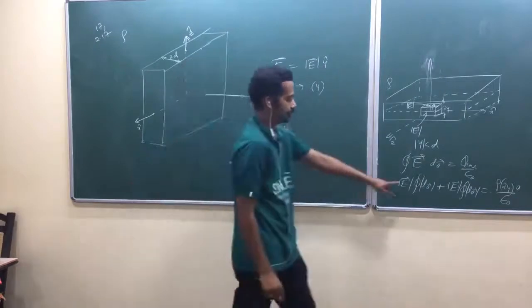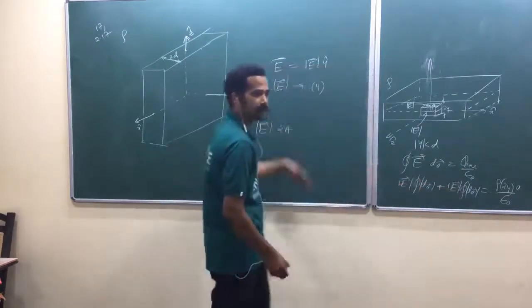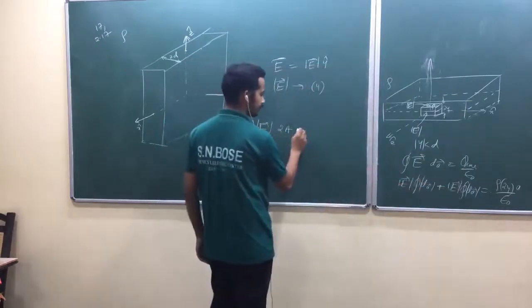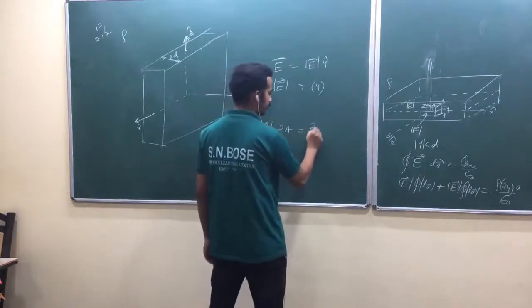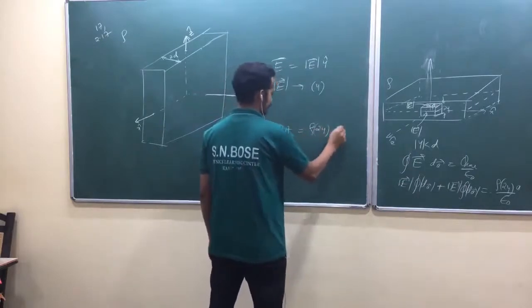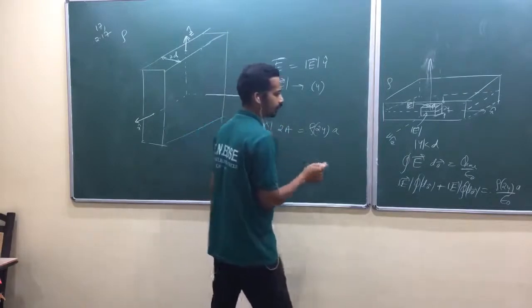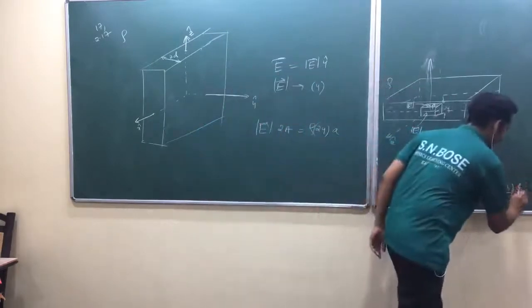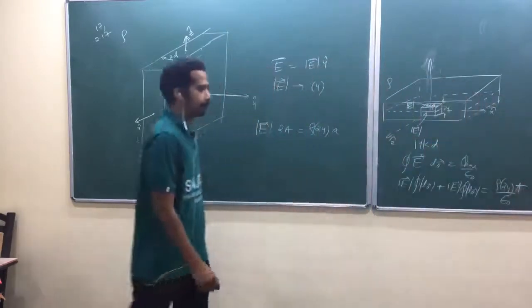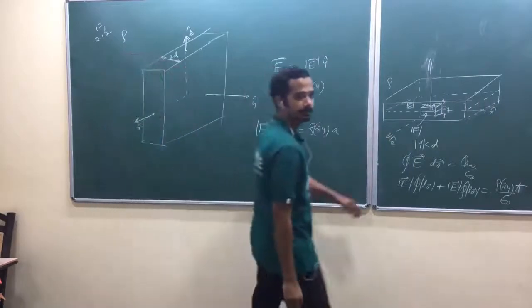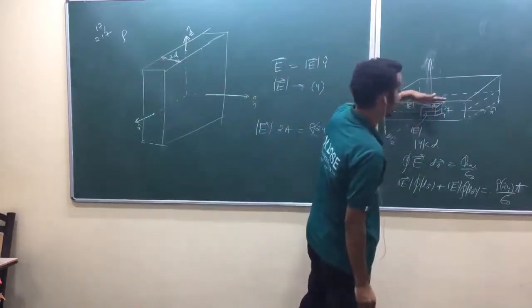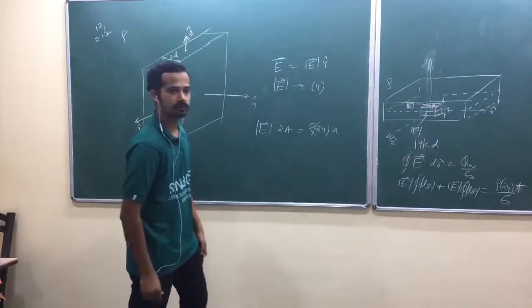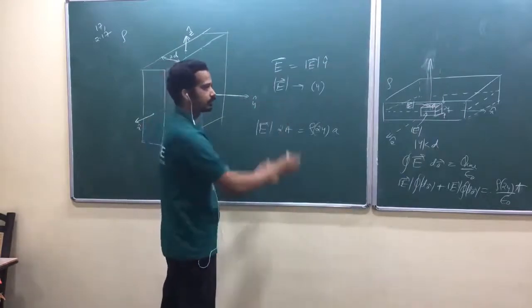Check it out. The electric field is the same in the above surface as well as the below surface. So that is equal to rho times 2Y into A. Why does this A come? Area. So 2Y into this area, you will get the volume, that is the charge enclosed within that one.